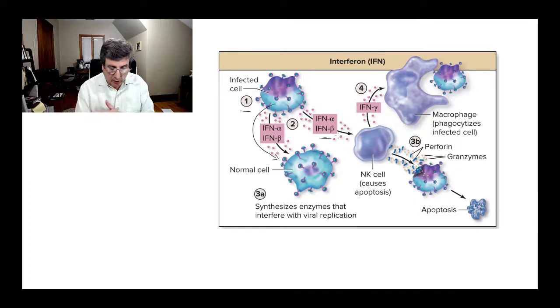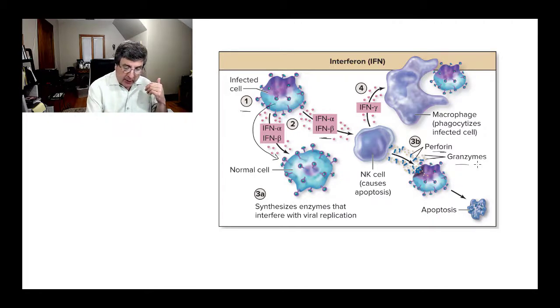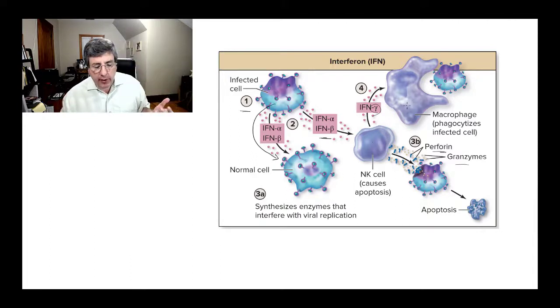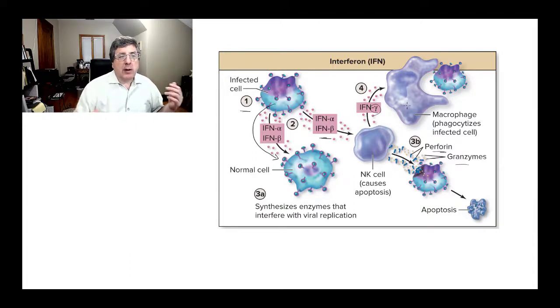So remember the function of perforin and granzymes. And the natural killer cell will release the gamma interferon, which stimulates a macrophage to become more active and then start going after these infected cells.